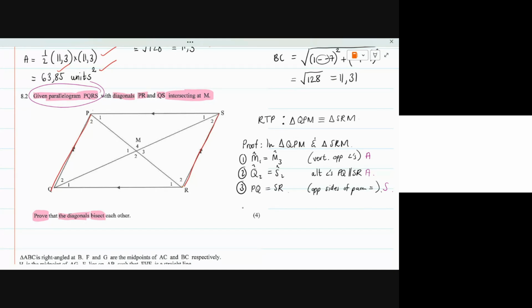Now we can say, therefore, triangle QPM is congruent to triangle S. Find our reason. Let's go find our reason. What is our reason going to be? Okay, I have an angle, and I have a side.